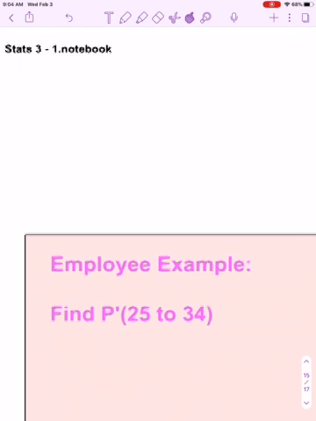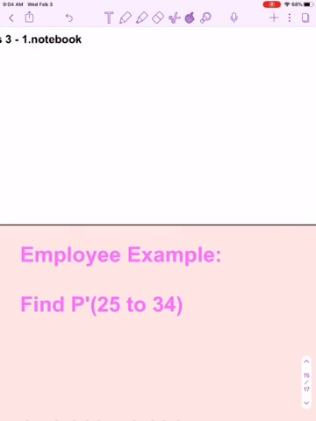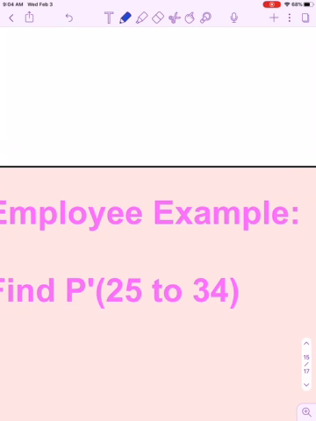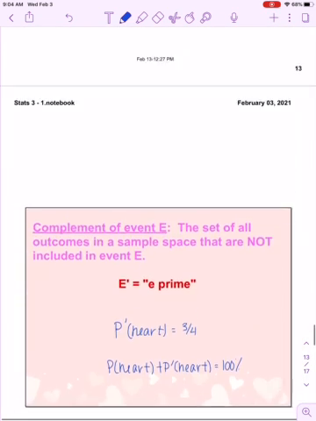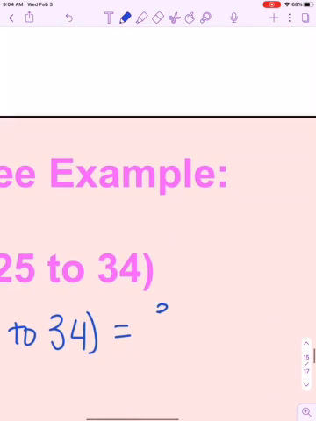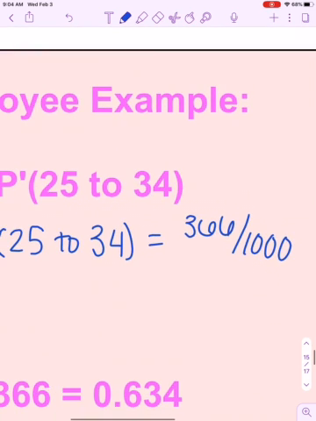Or 1. All right, so P not of 25 to 34. So the probability of not picking somebody in that age group. So we said that the probability of doing it, of 25 to 34, was 366 out of 1,000, correct? Okay.